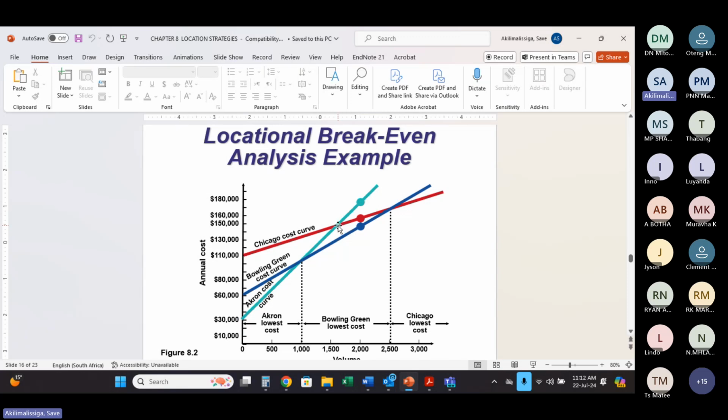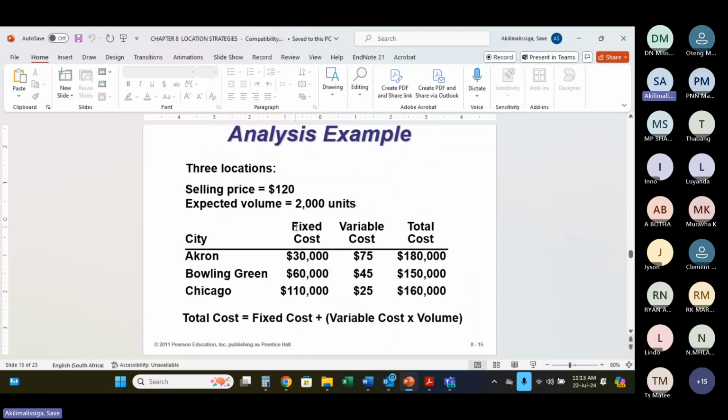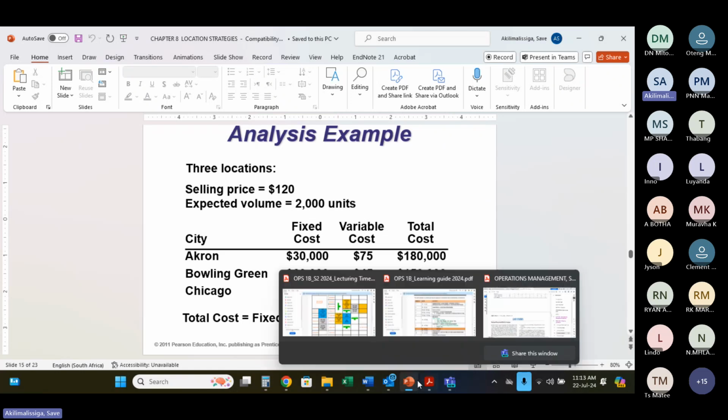Right, so once you have this point, the only line that you haven't drawn so far is Chicago. So for Chicago, you also check the fixed cost, and that fixed cost will be your starting point. So looking at the table here, the starting point for Chicago is 110,000.